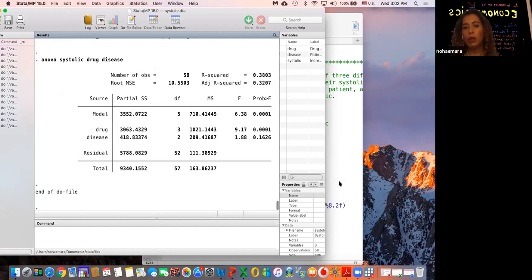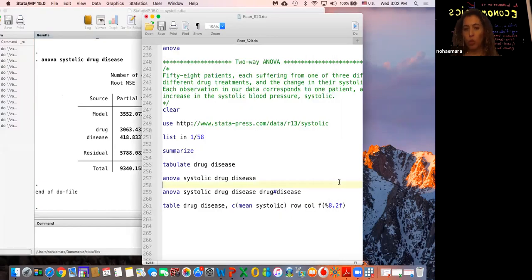Okay. Next, what if I'm interested in knowing how drug affects systolic blood pressure, and how disease affects systolic blood pressure, holding drug constant? And again, when I analyze drug on systolic, I'm holding disease constant. Now I'm doing an interaction, the effect of both together at the same time.